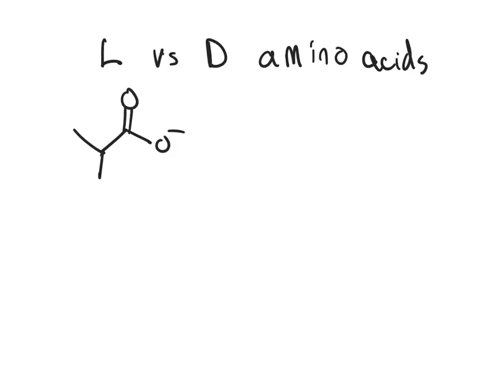This alanine here. If we're using our normal R and S naming, we would put this nitrogen as our highest priority, and then carbon attached to oxygens as our second highest, and this methyl group here as our third highest.